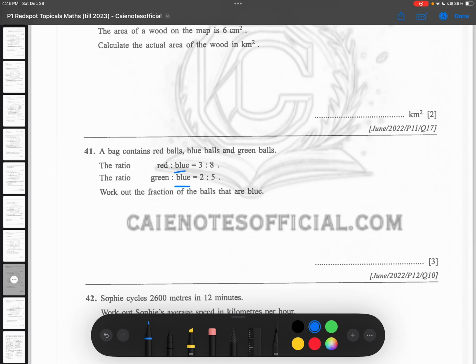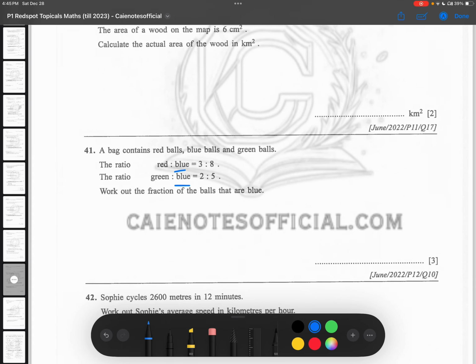In the first ratio, the blue ratio is 8. In the second one, the blue ratio is 5. So I need to make them the same. So how do I do that? I multiply the first ratio with 5. So red to blue, if I multiply 3 and 8 with 5, becomes 15:40.